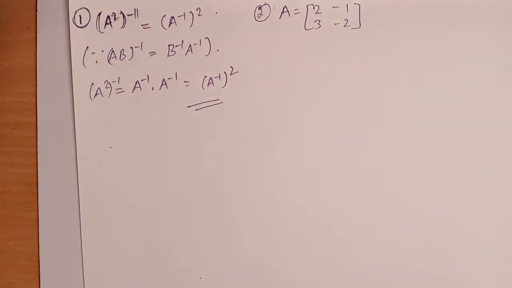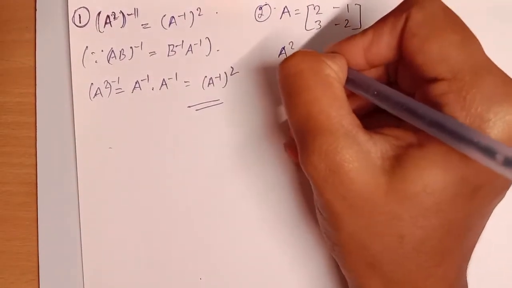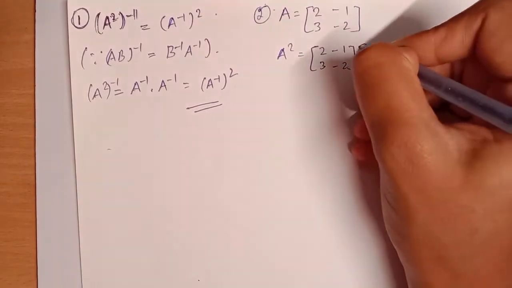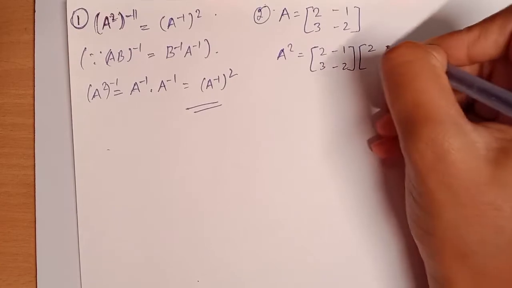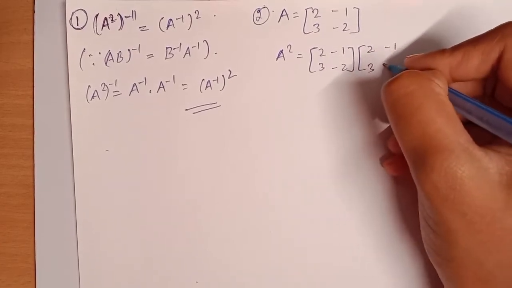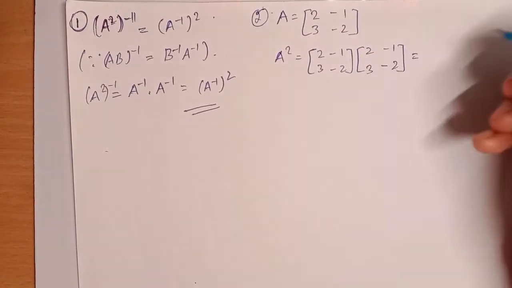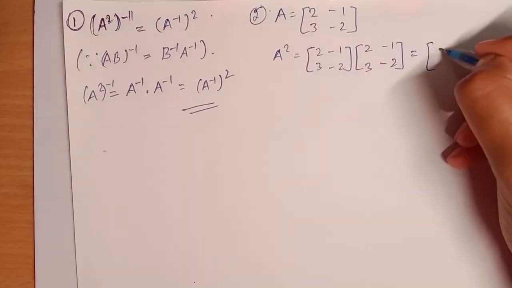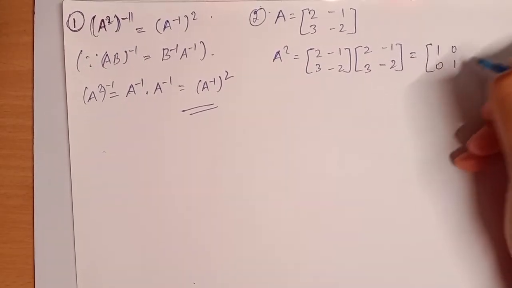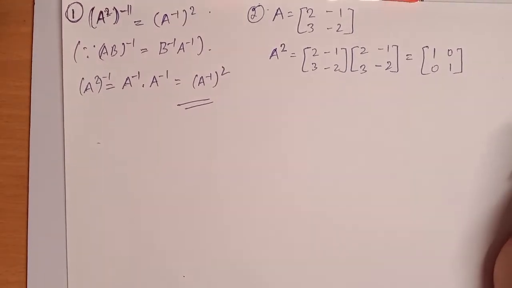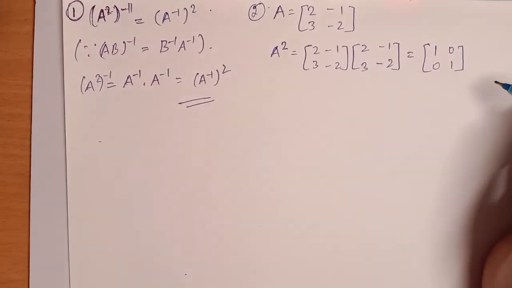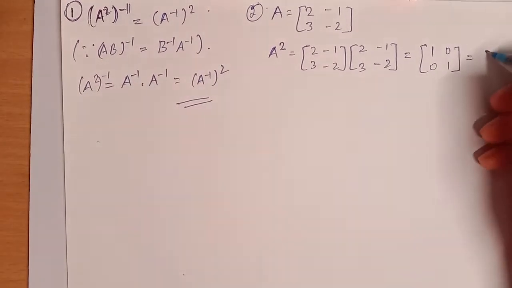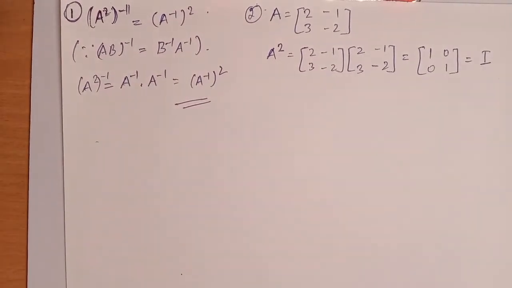So A square is equal to 2, minus 1, 3, minus 2 multiplied by itself. We use the row by column method and we get A square is equal to 1, 0, 0, 1, which is also equal to I, that is the identity matrix.